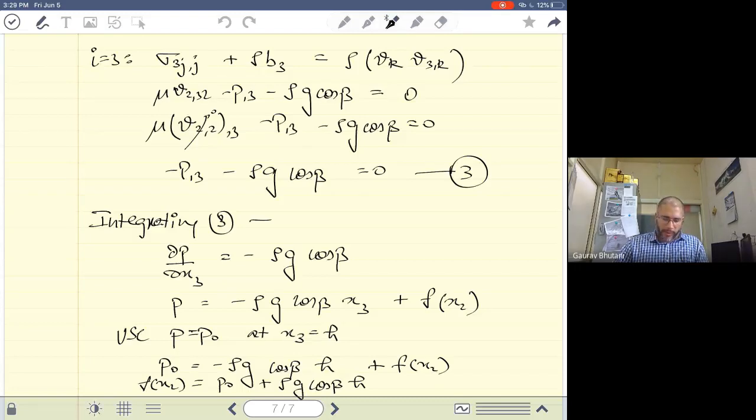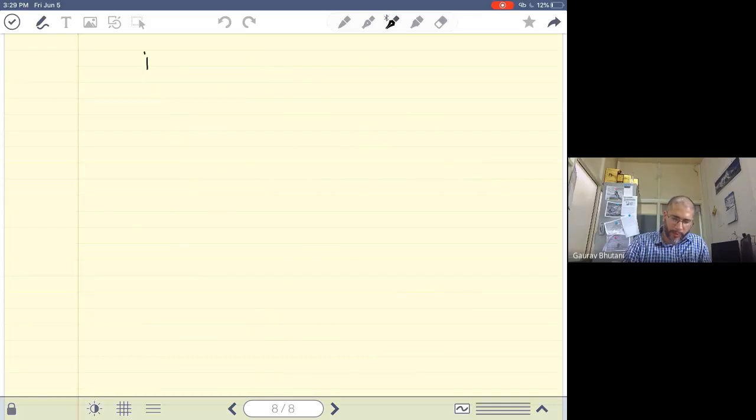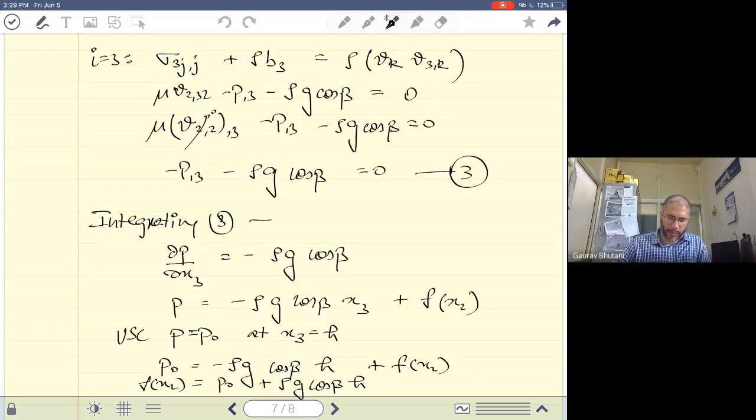All right, so let's substitute this into the expression for pressure because this is a boundary condition that we applied. So finally, we have P is equal to minus rho g cos beta times x3 plus, and f is nothing but P naught plus rho g cos beta h.